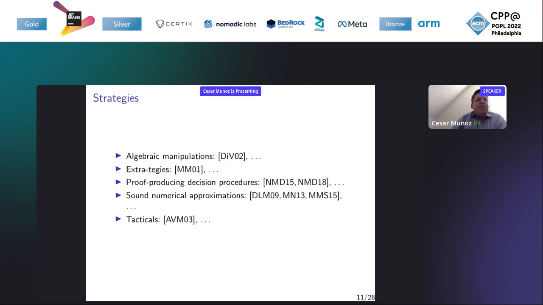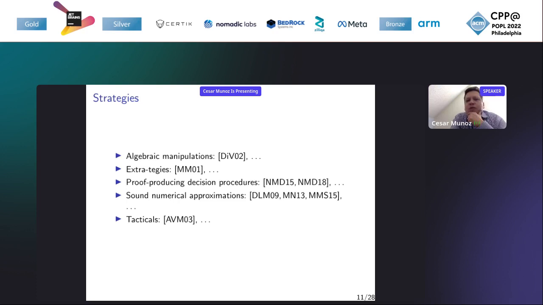So let me move to other things like strategies, for example, that we develop in order to do verification on numerical systems. At the beginning, we added low-level strategies for algebraic manipulations, and something that I call X strategies, that are the missing strategies in PVS.